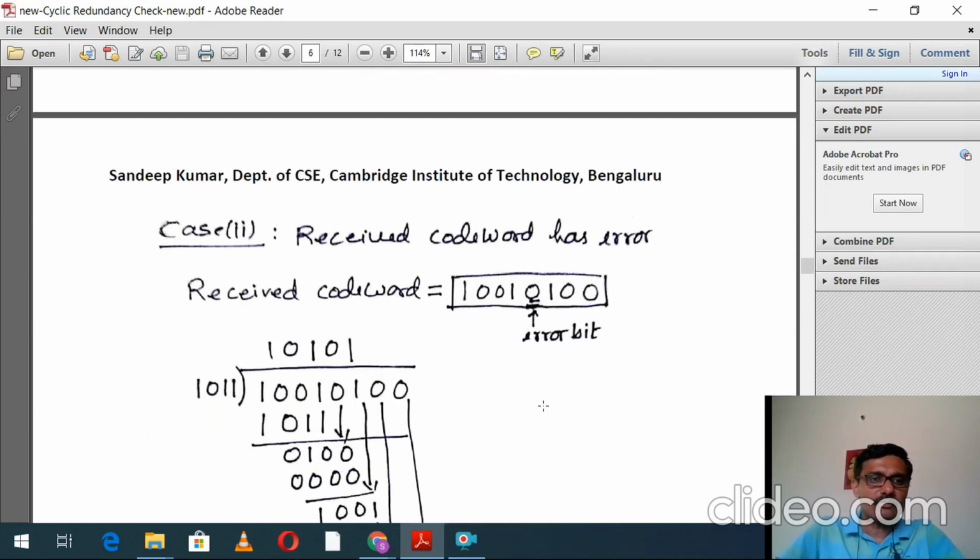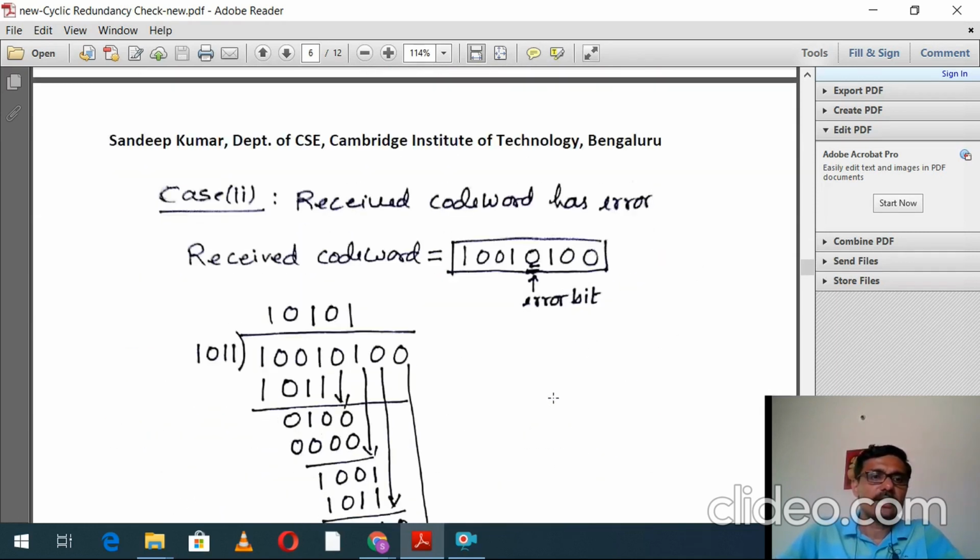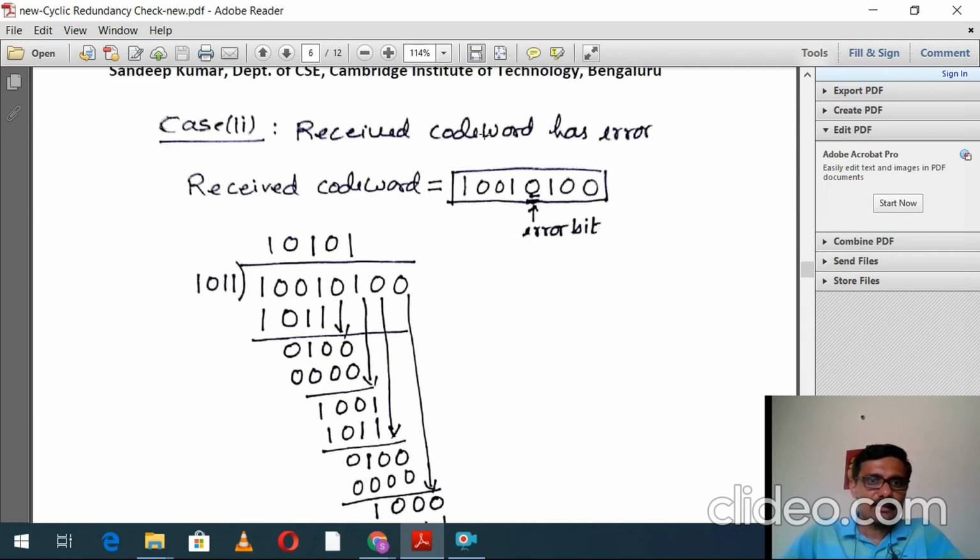And case 2 in the encoder: the received code word has an error. The code word is received with an error, that is, one bit is corrupted. This is the error bit, the fourth bit from the right, also called the fourth LSB. It is corrupted. That means the sent bit is 1, and the received bit is 0.